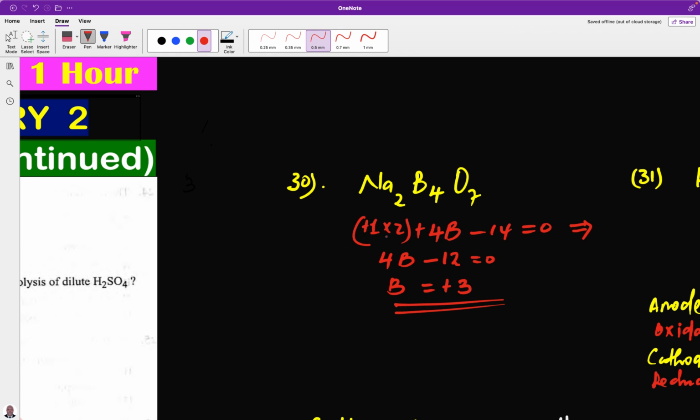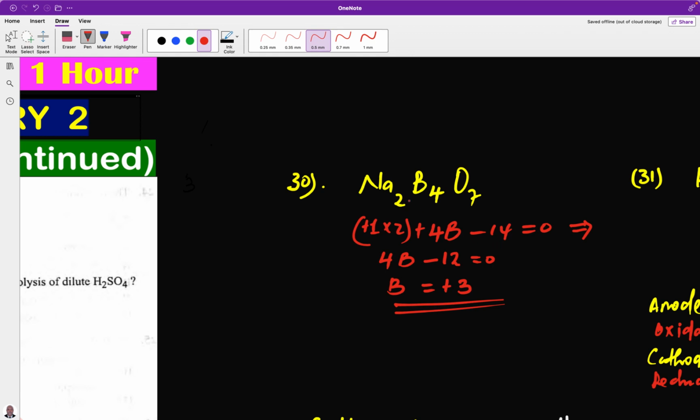So +1 times 2 of the sodium, because there are 2 atoms of sodium. Then there are 4 atoms of boron. Since we don't know the one of boron, it is 4 times B, which is boron. Oxygen is -2, so -2 times 7 atoms of oxygen gives -14.